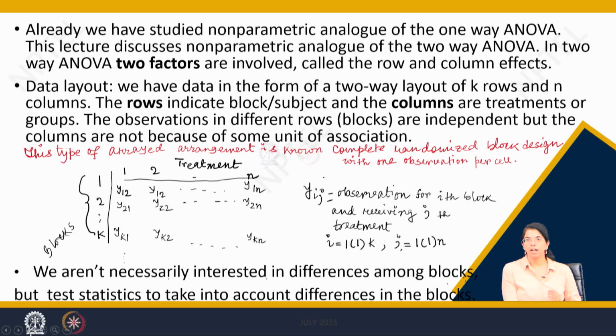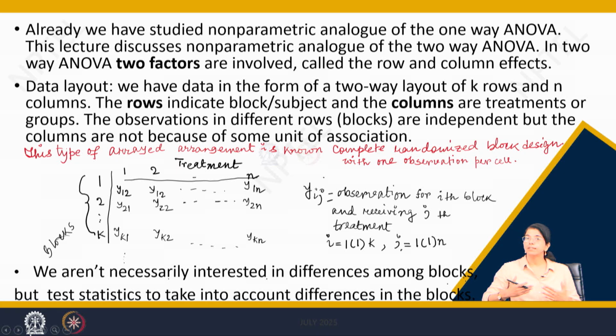So, in a nutshell, if you look at the rectangular array drawn below, the blocks are placed as rows, and the blocks are independent of each other. That means one block is not influencing the observations placed in other blocks.